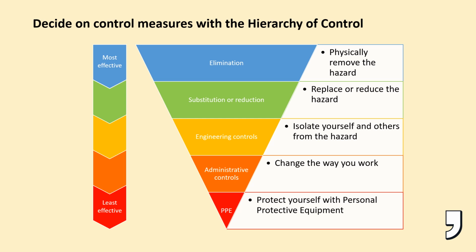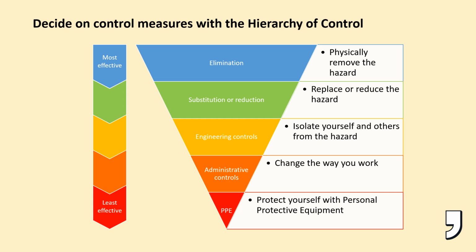We can't remove the road and we can't remove the bike because that's the essential element of the event. Substitution or reduction. So can we replace or reduce the hazard? Well, is there potential to move the route to a quieter road rather than the main highway or somewhere that is more dangerous with higher speeds for cars, that kind of thing? That's the kind of thing we can think about in this example.